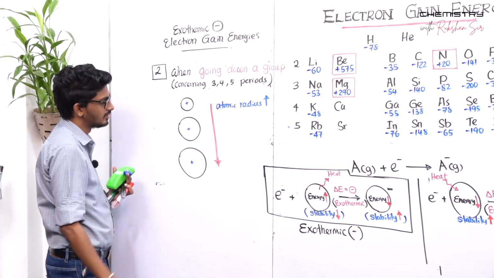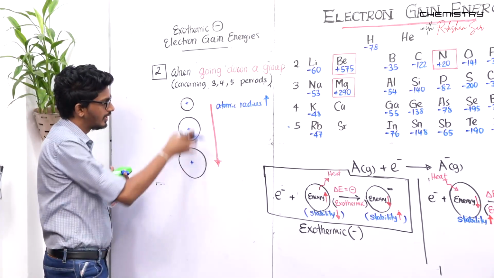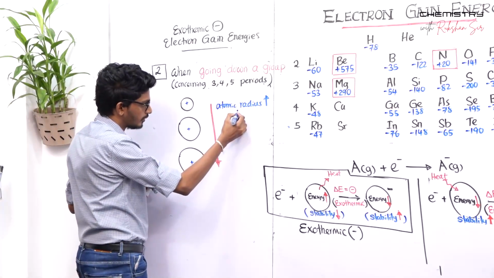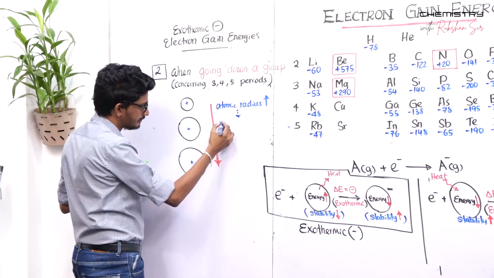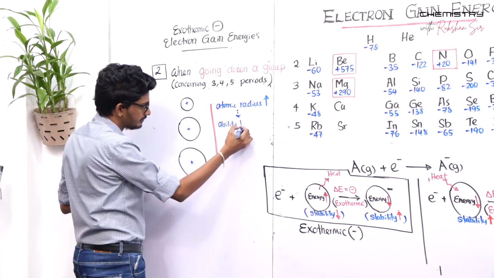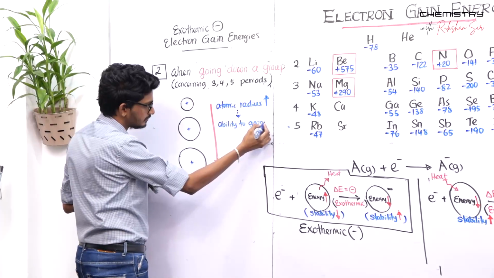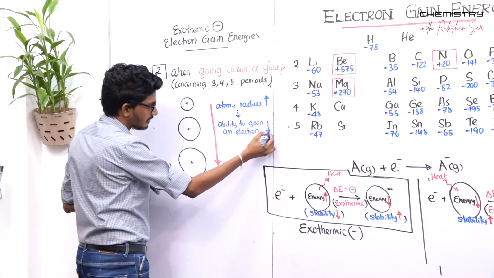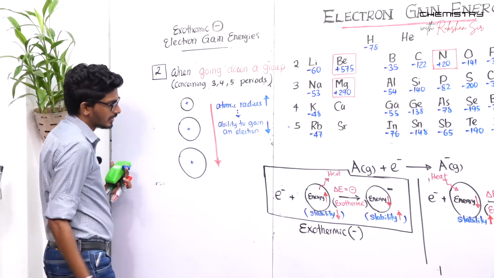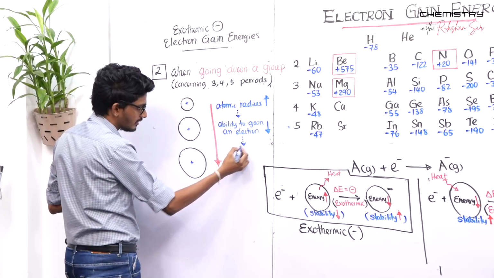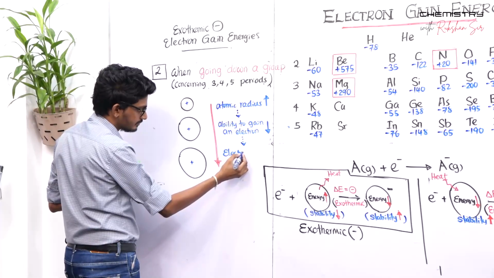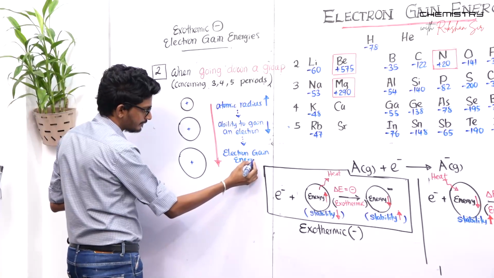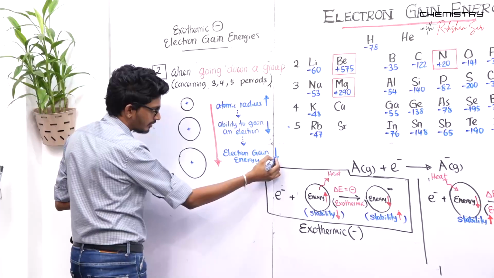When the atomic radius increases, the ability to gain an electron decreases. So we say the electron gain energy decreases. The exothermic value decreases.